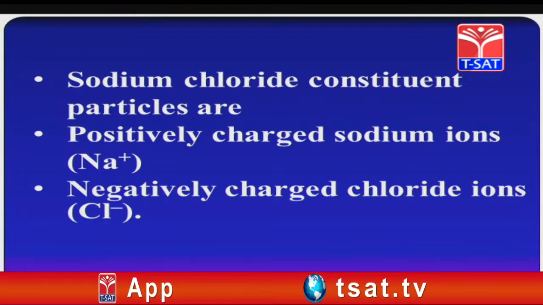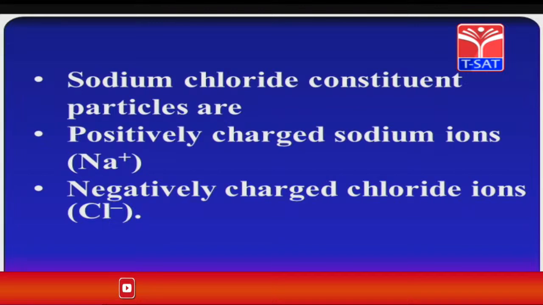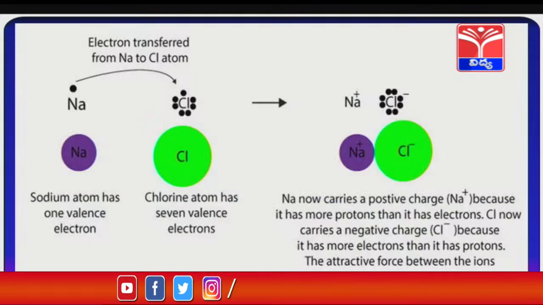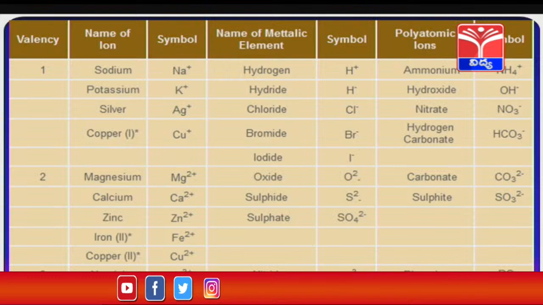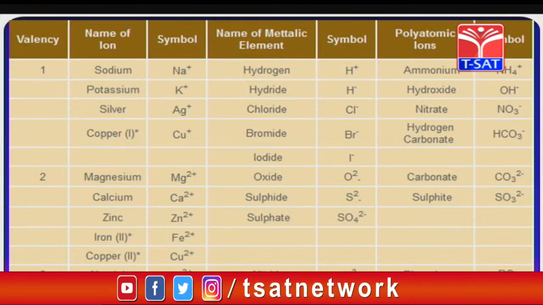It cannot be called a chlorine atom. The chlorine atom has gained an electron which is given by sodium. So, look at this example, children. Sodium has lost 1 electron and forms a positively charged sodium ion, and chlorine has gained 1 electron forming a negatively charged chloride ion. So, these are all examples of ions, children.